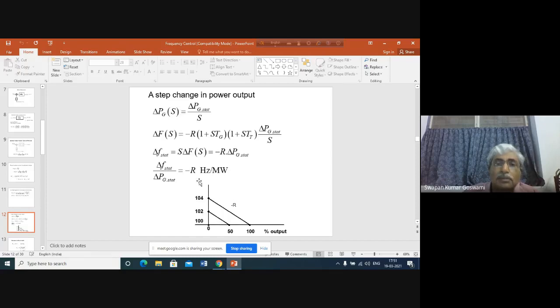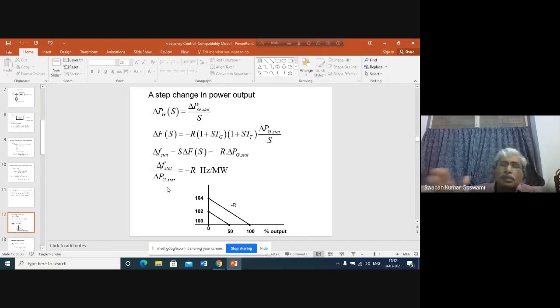So basically R is representing the percentage change in frequency from no load to full load. Why are we talking about no load to full load? Because of this minus R, and we are representing the value of R with respect to the full load operation of the generator.